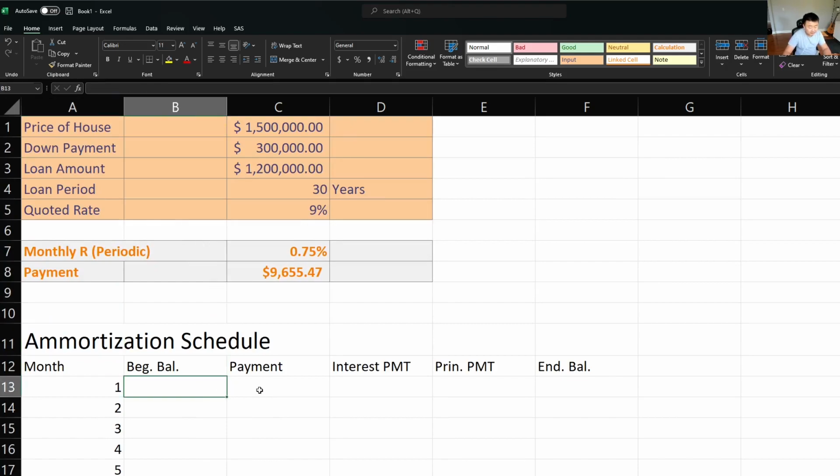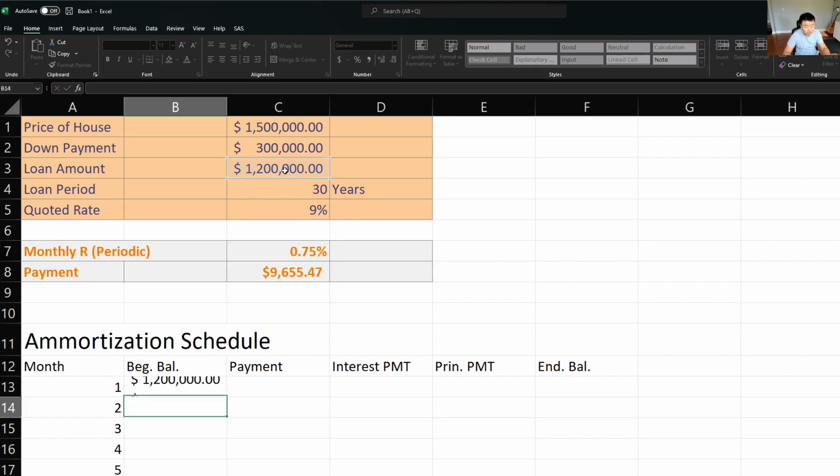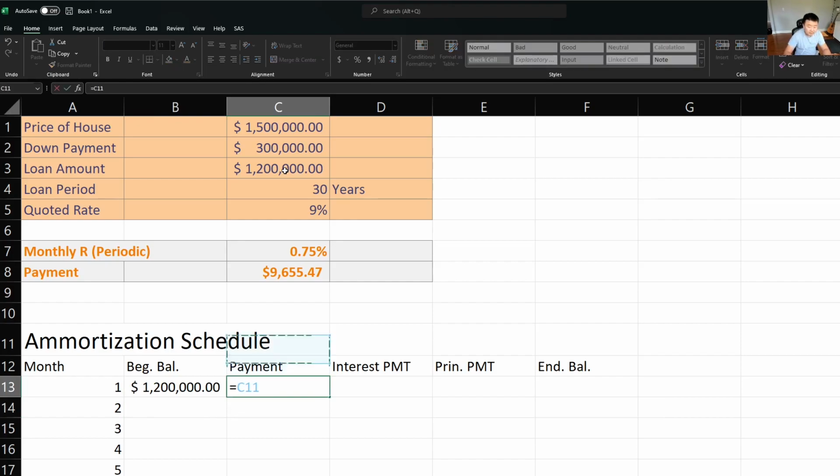So the beginning balance of month 1 is obviously the amount of your loan, right? At the beginning of the first month of your payment, you're still going to owe $1.2 million, and the payment is going to be this amount, 9655.47.